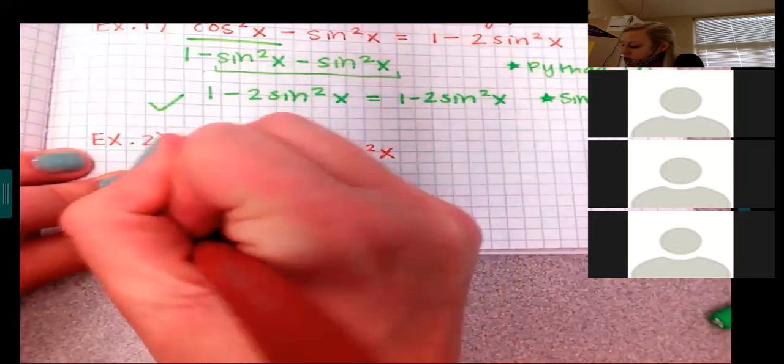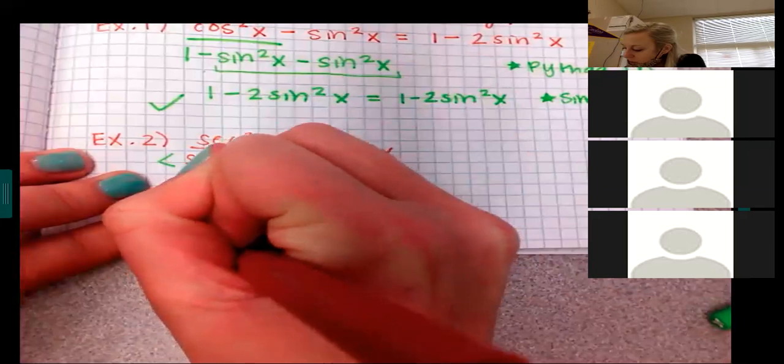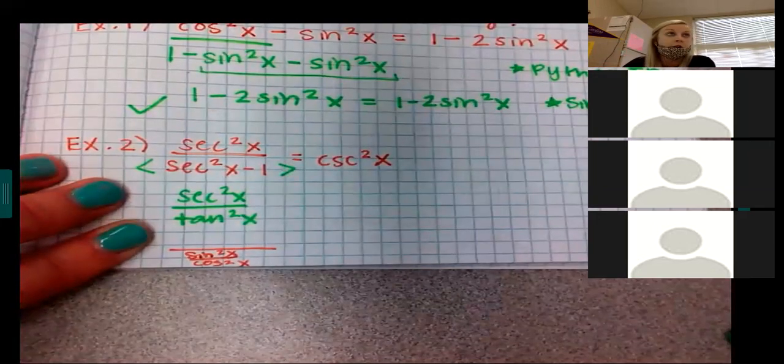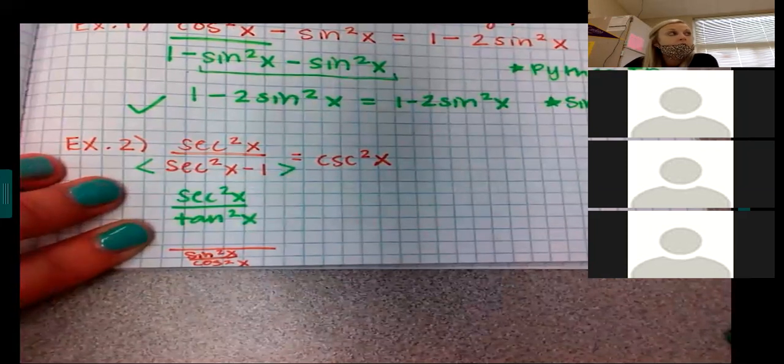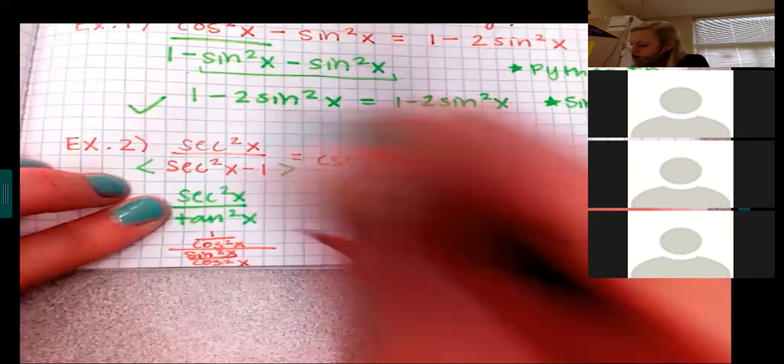So everybody watch. I'm going to do the bottom as sine squared over cosine squared. I know it's small. I'm running out of room. Now look at what you have in the bottom. Can I rewrite the top? Can I rewrite secant squared to have a sine or a cosine? Which one? Good, 1 over cosine squared.